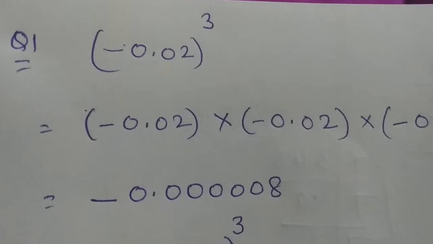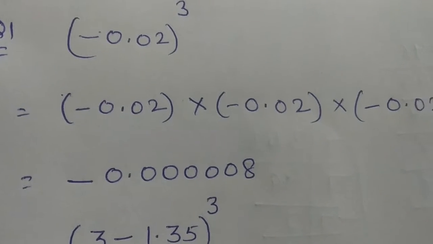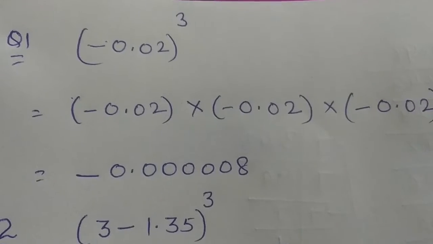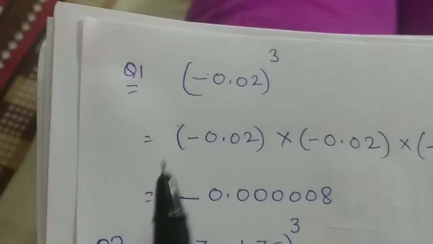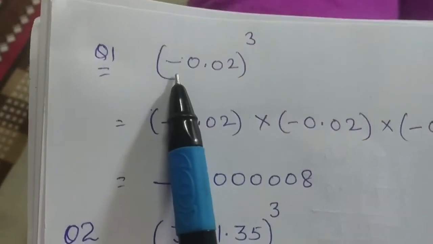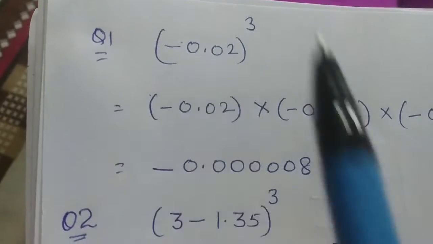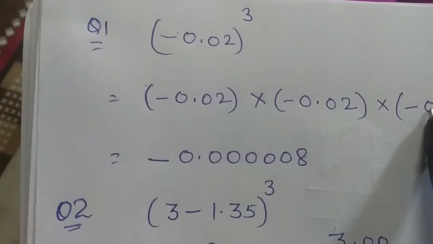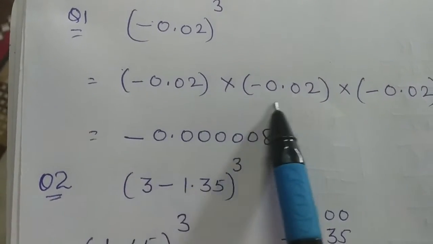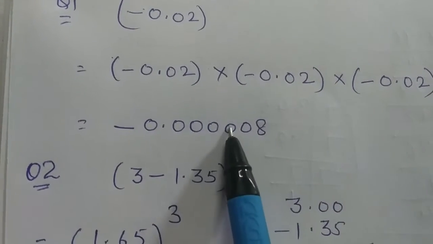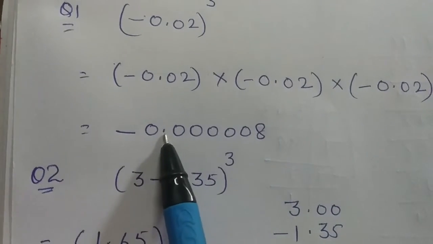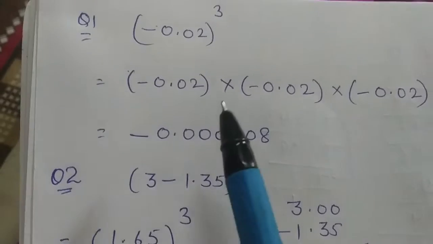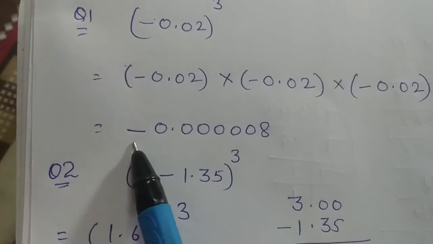Here are some questions in which you have faced problems while solving your test. Question number 1 is the cube root of minus 0.000008. We will multiply this number 3 times, and when you multiply these numbers 3 times you will get your answer, minus 0.02. How will you mark this minus sign?